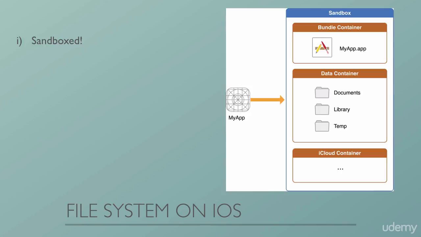Well, that means that your app has its own little container, its own little sandbox, if you will, and it cannot access anything outside of that sandbox. So your app cannot go to another app's container and see what's available there. It also, if it wants to get photos and music from the iOS system, has to ask it using the Apple version of that request.